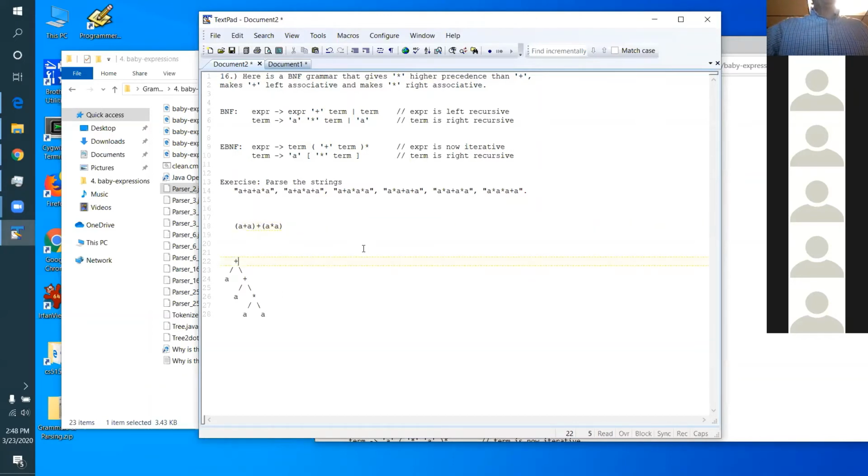So the parse tree should be, let's see if I can draw. Let me make a little bit more room.